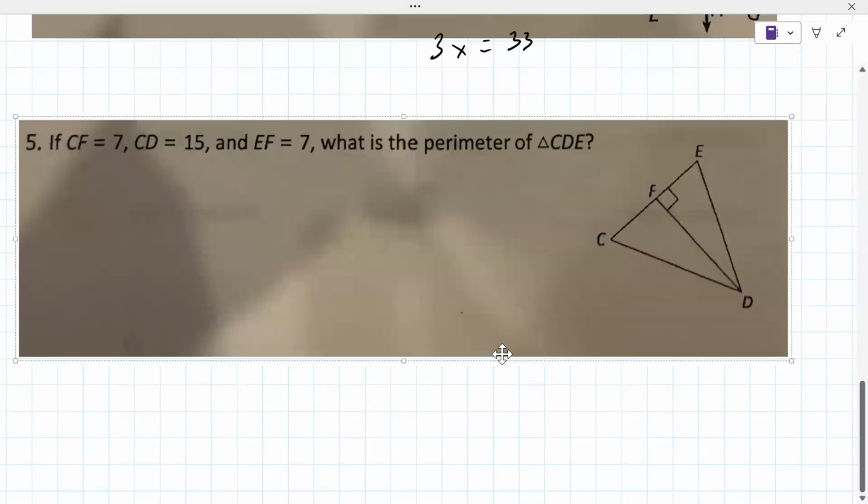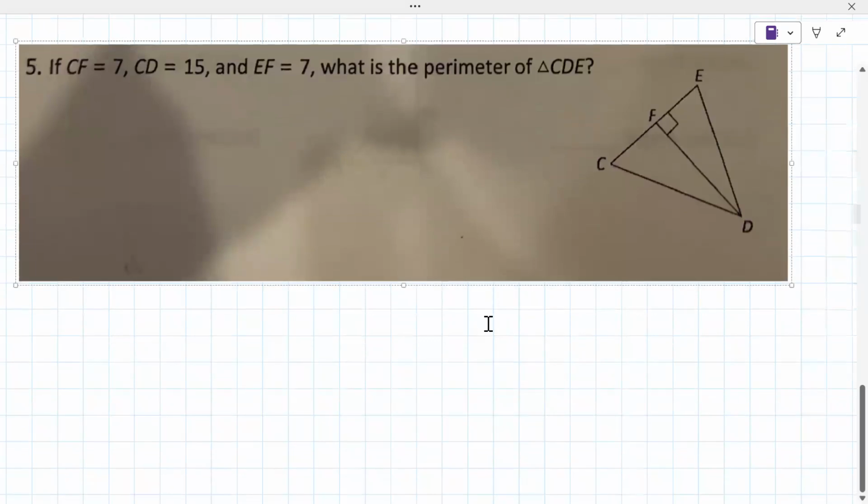All right. So this is a related problem. Seems like we did just like this not too long ago. This is 7, 15.